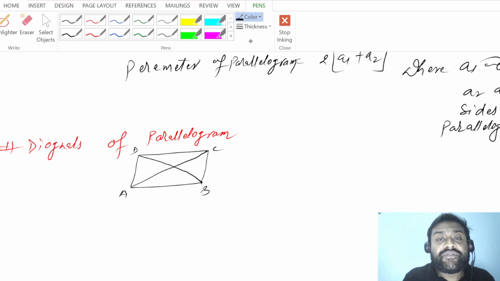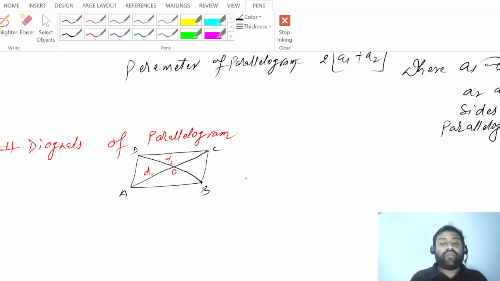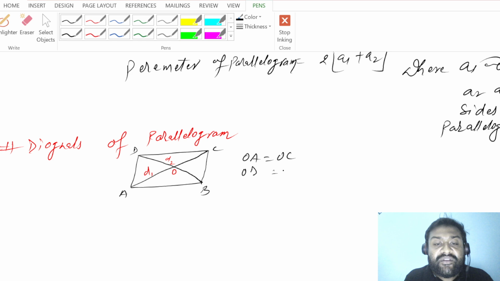So we'll mark diagonal AC as D1 and BD as D2, and they cut at a point O. Okay, so in the previous class I told you the diagonals bisect at point O. Bisects at a point O means OA is equal to OC and OD is equal to OB.